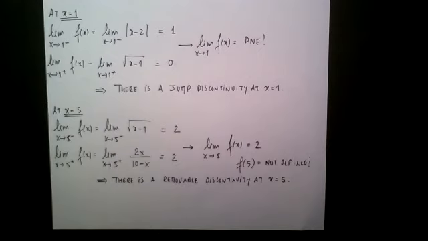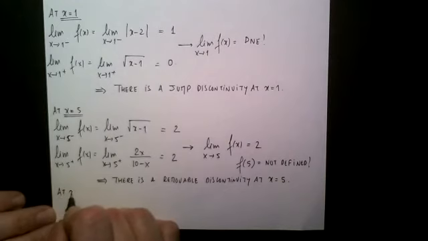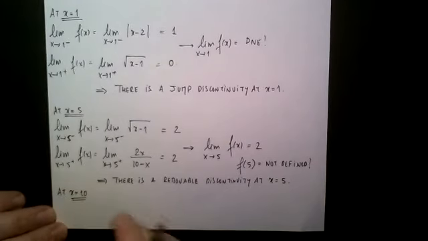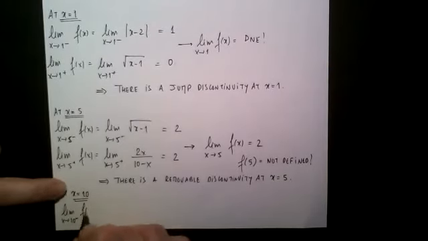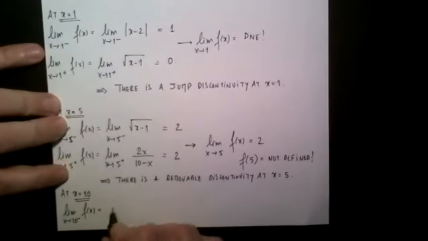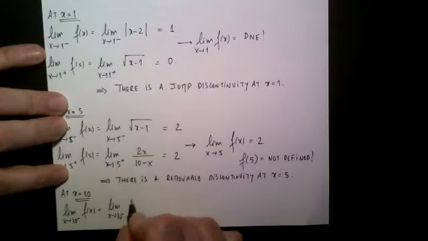Okay, let's see what happens now at x equals 10. Do I have space to fit it here? I think I'm going to try. So at x equals 10, I will do the limit from the left of f of x, which is the limit as x approaches 10 from the left of 2x over 10 minus x.